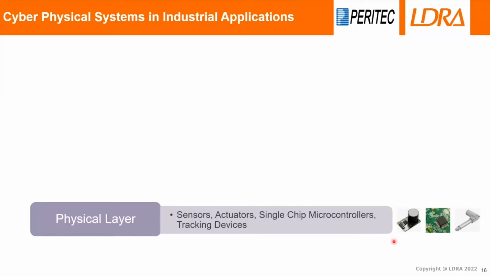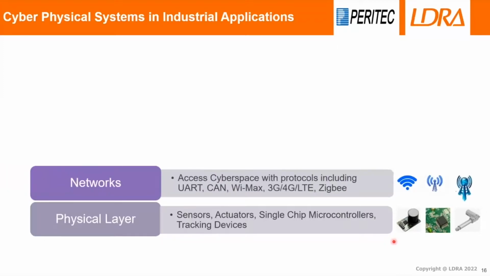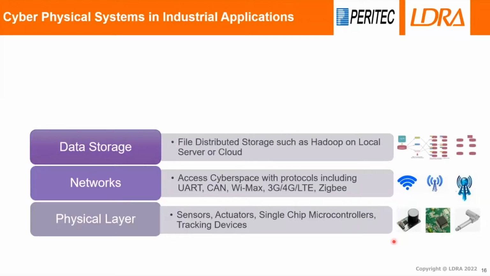So these are called endpoint devices, and these endpoint devices will be collecting the data, and sometimes they may do one level of processing using the microcontrollers along with the endpoint devices, and may pass this data to the networks. So the network consists of different protocols, and from the network layer it will be passed to the data storage.